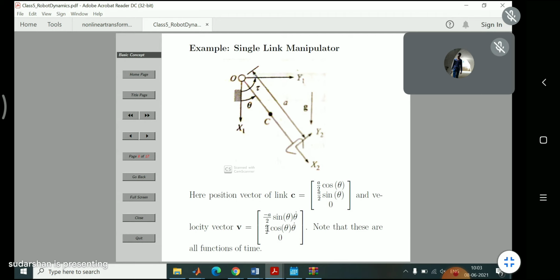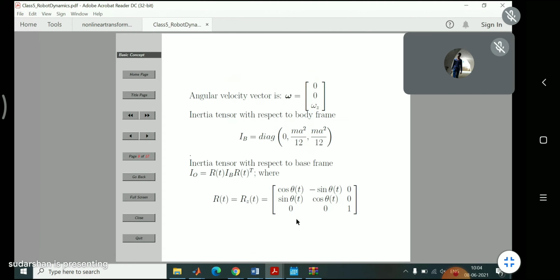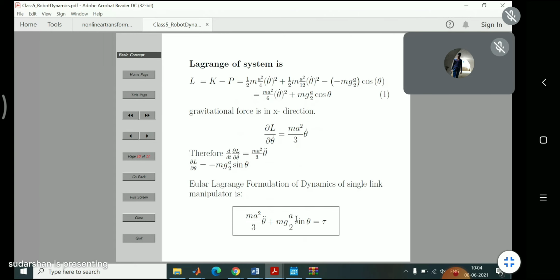If you take a square by 4 theta dot whole square common, then you can add the sin square theta plus cos square theta terms. So v transpose v is a square by 4 theta dot whole square.